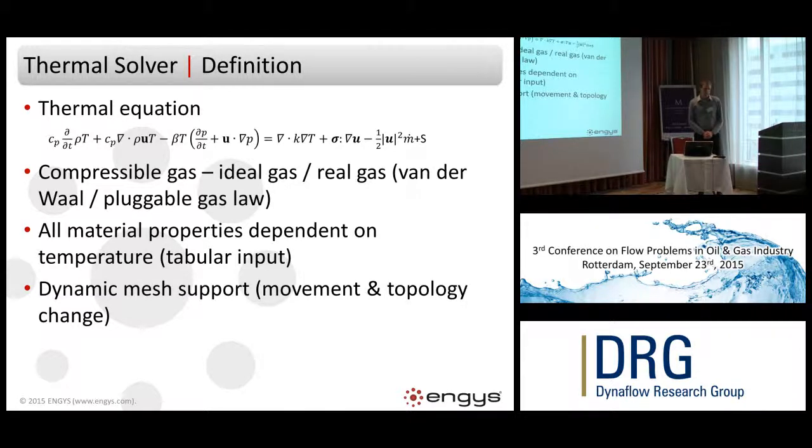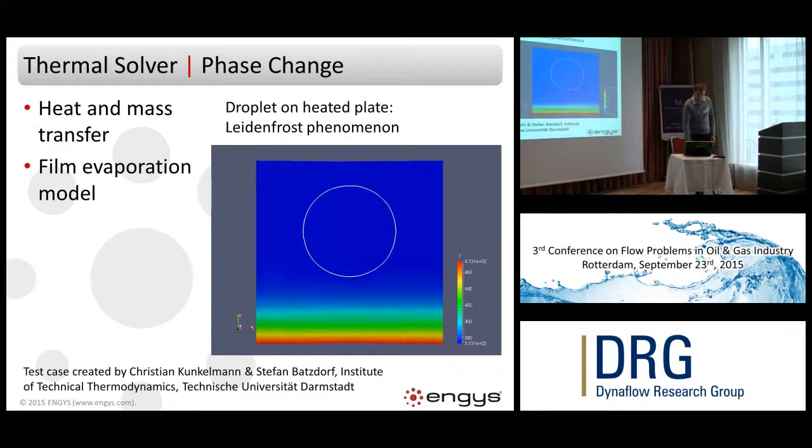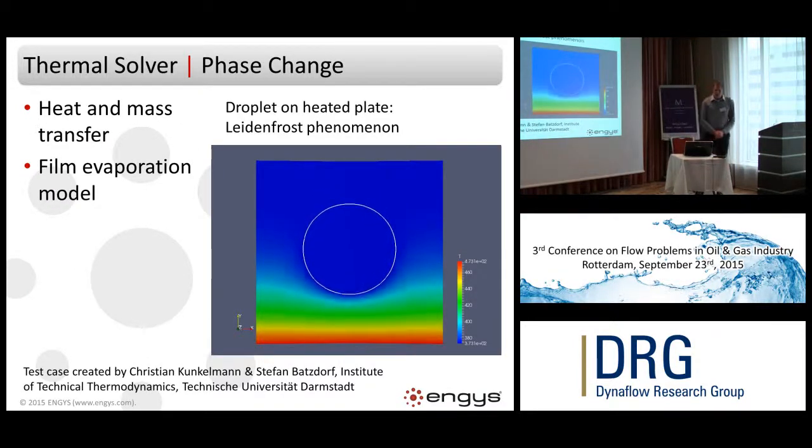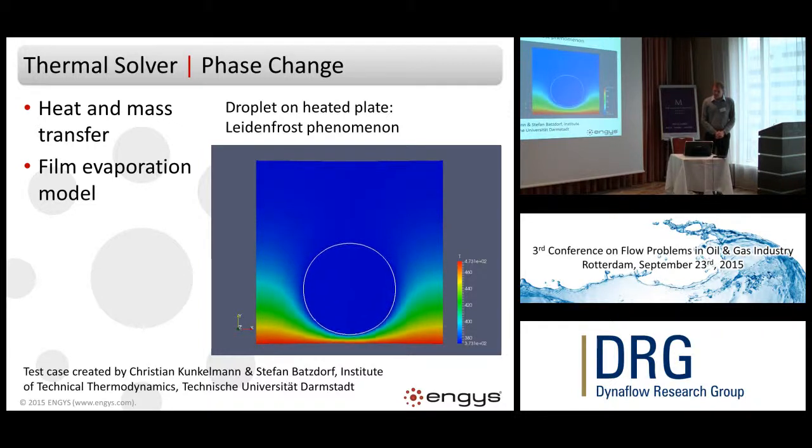Material properties can be dependent on the temperature, can be tabulated more or less arbitrarily, and the solver supports mesh movement. Just a simple problem to illustrate the heat and mass transfer.